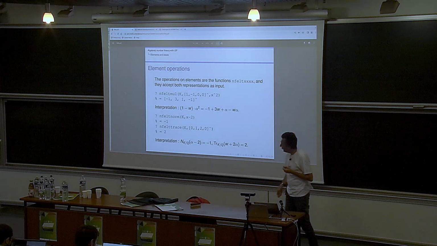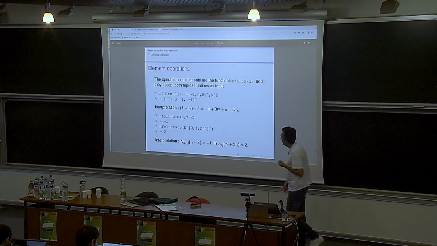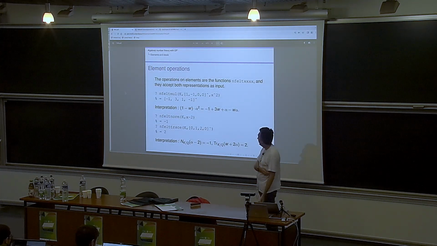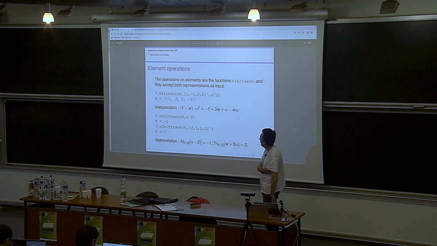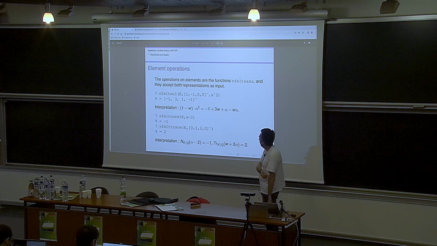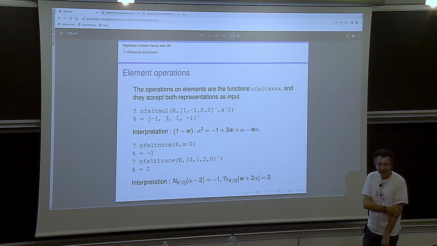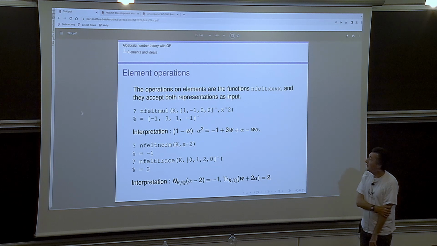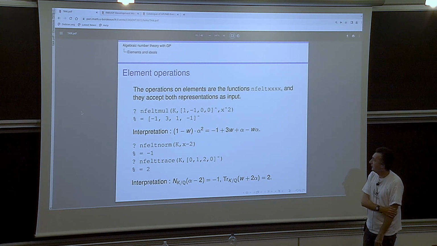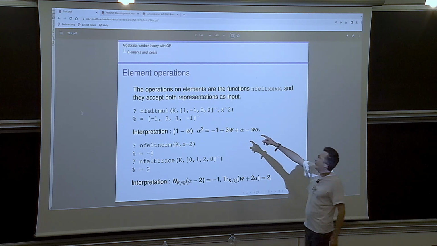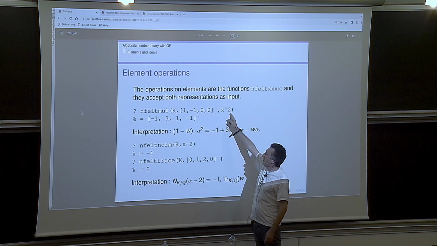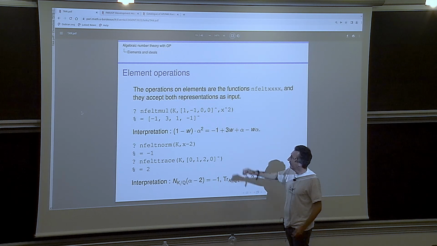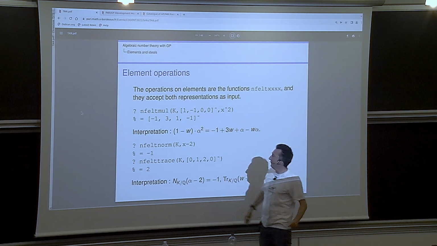So we have a lot of functions, nfeltmul, to deal with elements of a number field. So nfeltmul, nfeltnorm, nfelttrace. That will handle the problem of the integral basis: we allow elements to be on the integral basis. So for example, this computes the product of this element written on the integral basis with this one written as a mod, and gives the result on the integral basis.